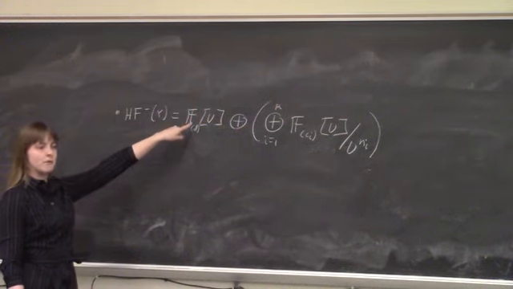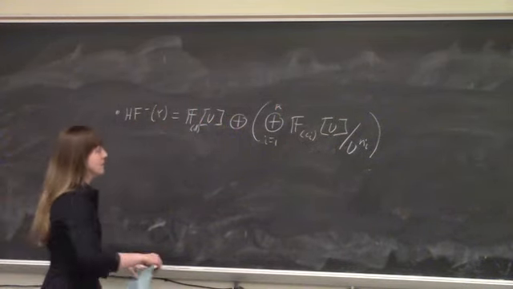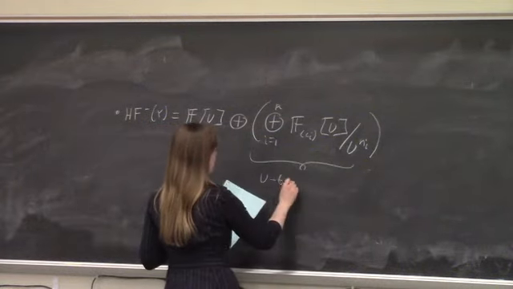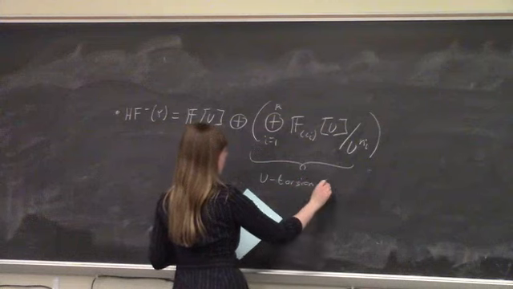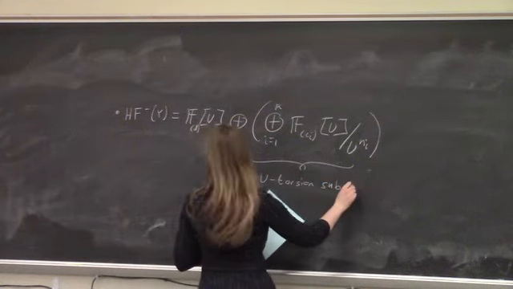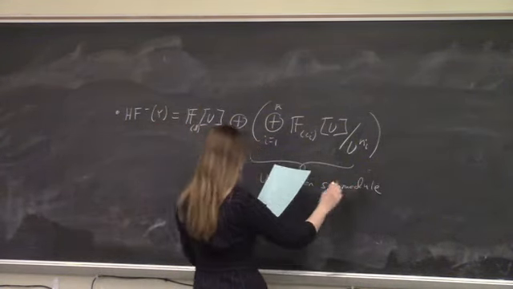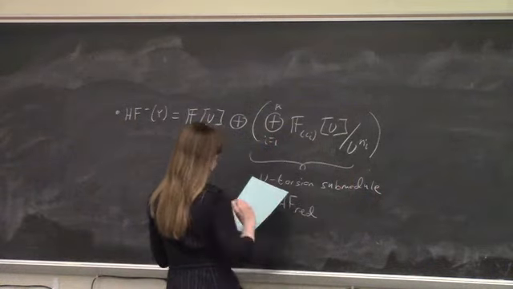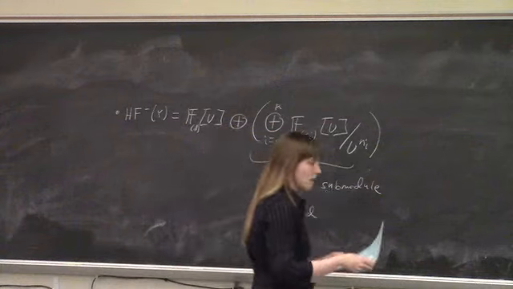The fact that there's only one of them is an actual theorem. Okay, and this is the so-called U-torsion submodule of the theory, called HF red.